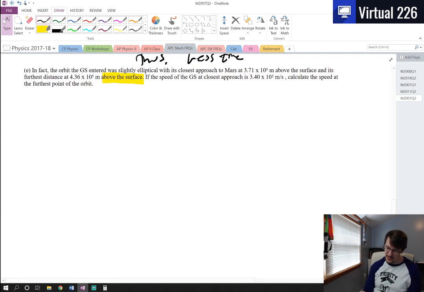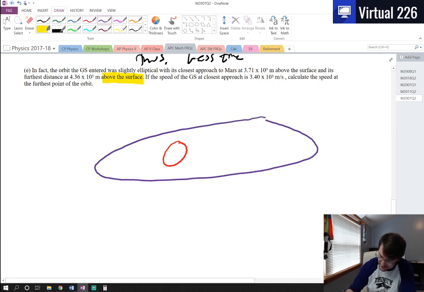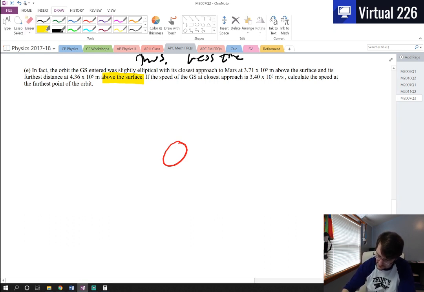Last but not least, if the orbit is slightly elliptical, so here's our planet and here is now our orbiter. Let's just make it very elliptical. Oh, you know what, that's a really bad ellipse by yours truly.